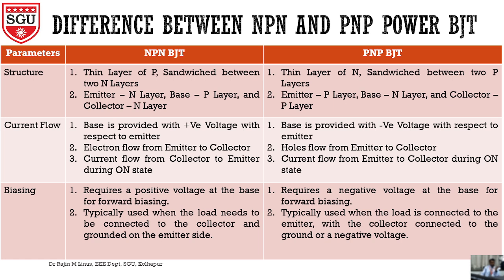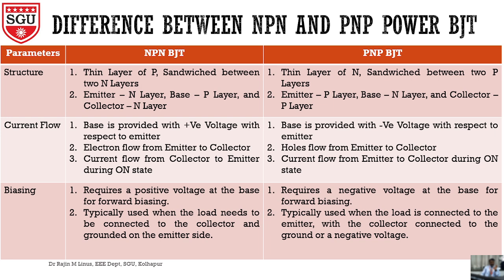Then electron flow will happen in this NPN transistor. In the last session we saw the construction and working of the NPN transistor. If you have any doubts, kindly refer to those: go to the power electronics playlist of this channel, and under that you can go through each topic.